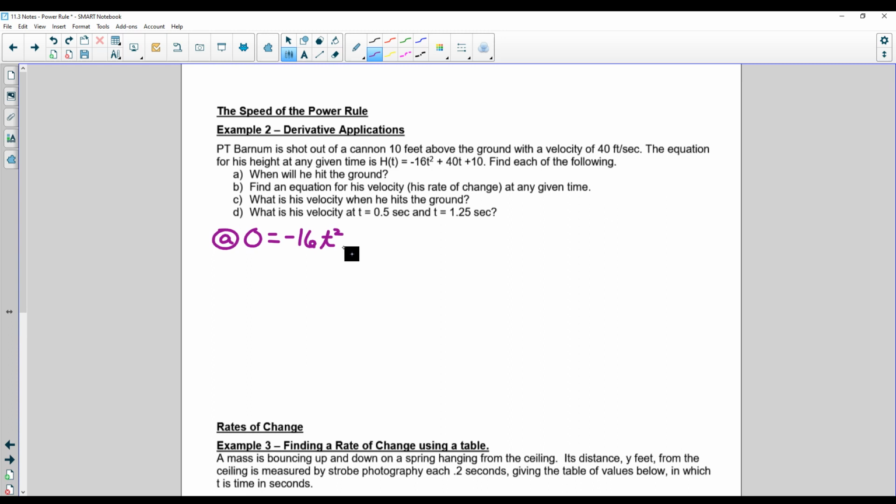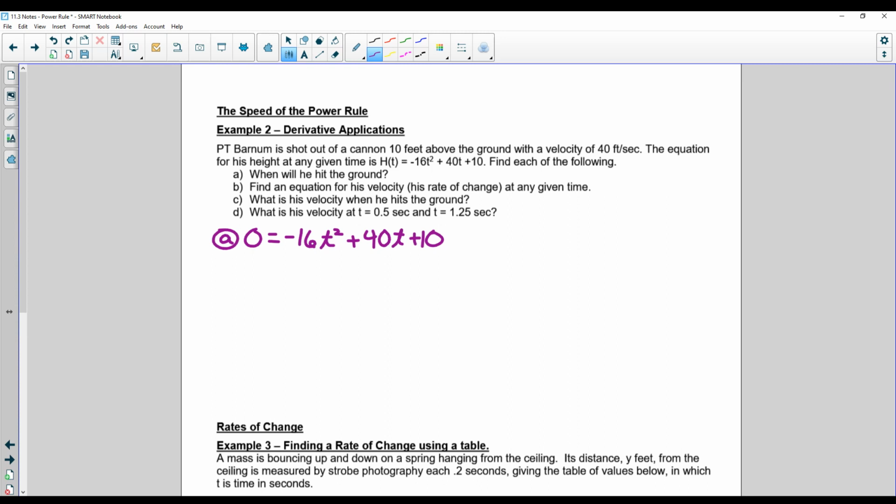So I'm putting 0 equal to my original equation because my height is 0 when he hits the ground, and I'm solving that for t. You could graph this on your calculator and find the 0, or you could use the quadratic formula. I don't care how you do it.